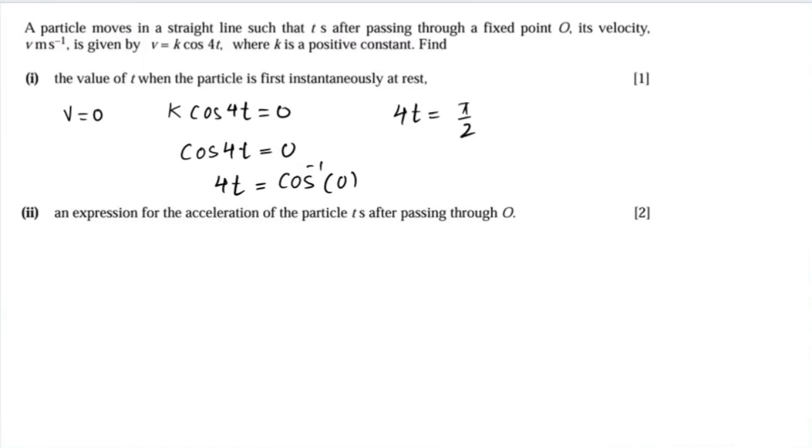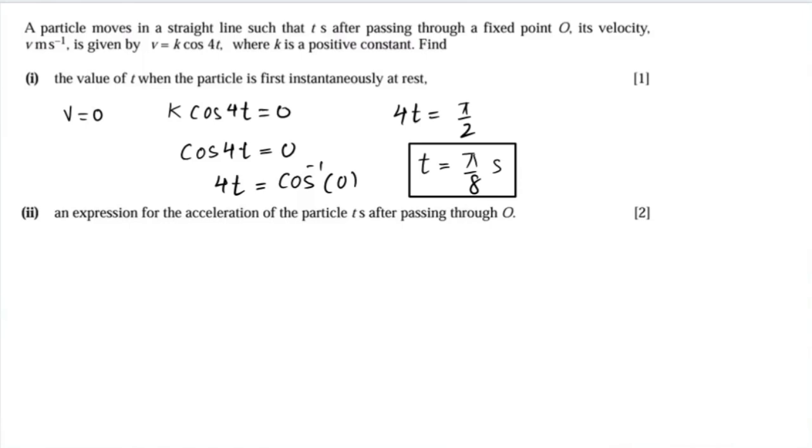There are many other values, but they are saying first instantaneously at rest. And remember, these are time values, so you need the smallest positive value. So from here, I can get t equals pi over 8 seconds, and that should be the answer for part 1.